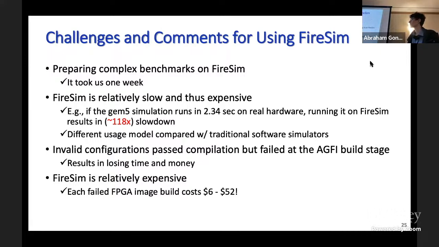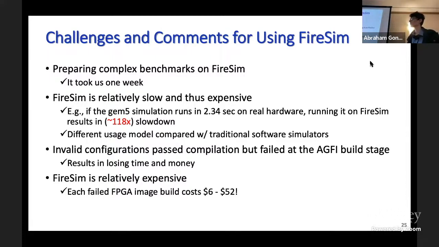We also found that the usage model compared to a traditional software simulator is obviously a lot different, which can cause you to incur some expenses. For instance, the FPGA instances can cost between $1 and $9 per hour.